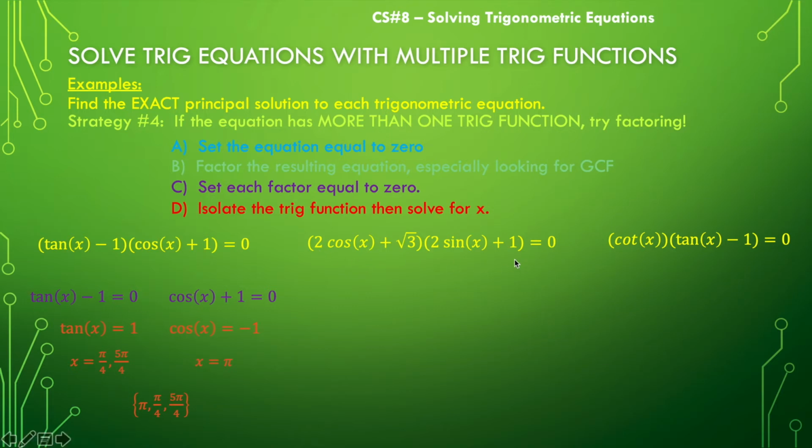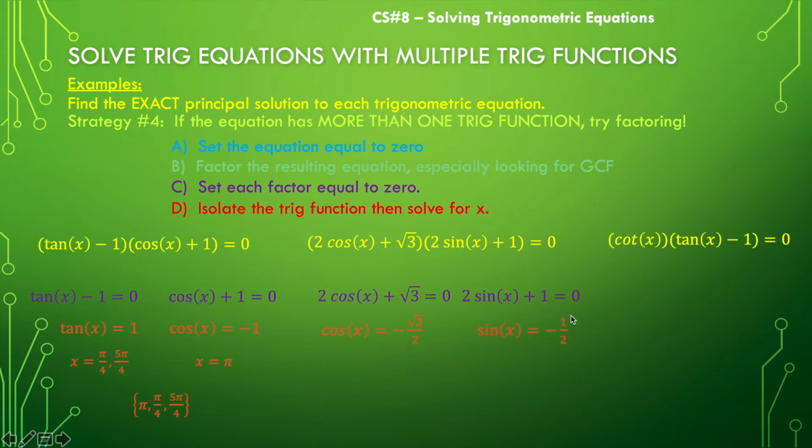Taking this equation, 2 cosine of x plus the square root of 3 times 2 sine of x plus 1 equals 0. Let's take each of those factors and set them equal to 0. Now isolate the trig function. So in this case it's cosine of x, so we would subtract the square root of 3 and divide by 2. And in this case it's sine of x, so we would subtract a 1 and divide by 2.